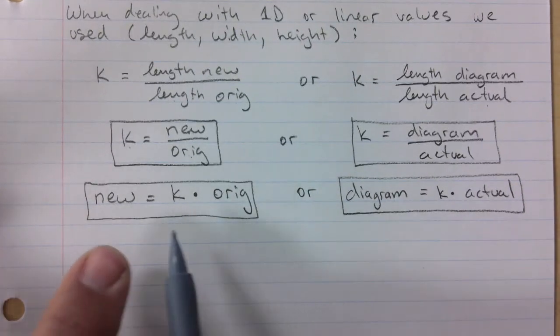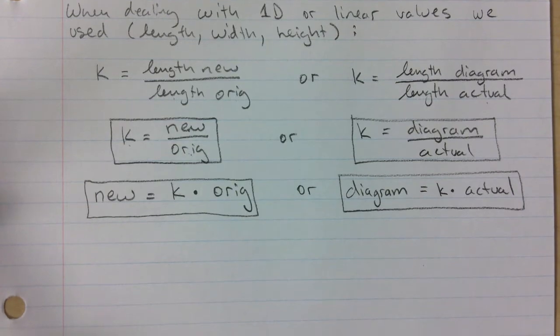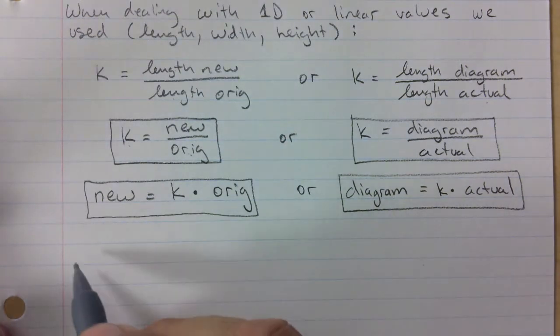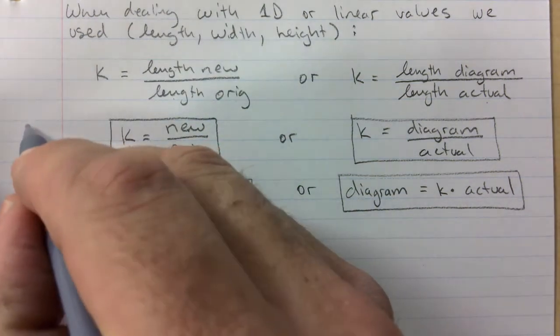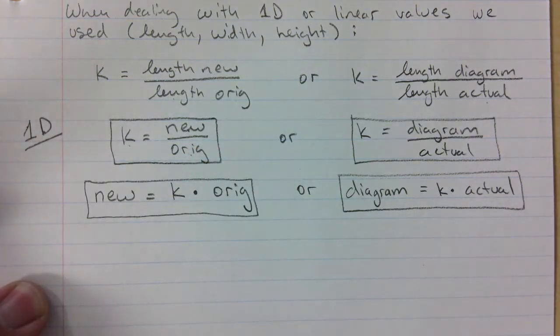So sometimes it's nice to have this one to quickly get the new length or the new height or the new width and so forth. So this would all be considered one-dimensional. So put 1D somewhere on the side here.